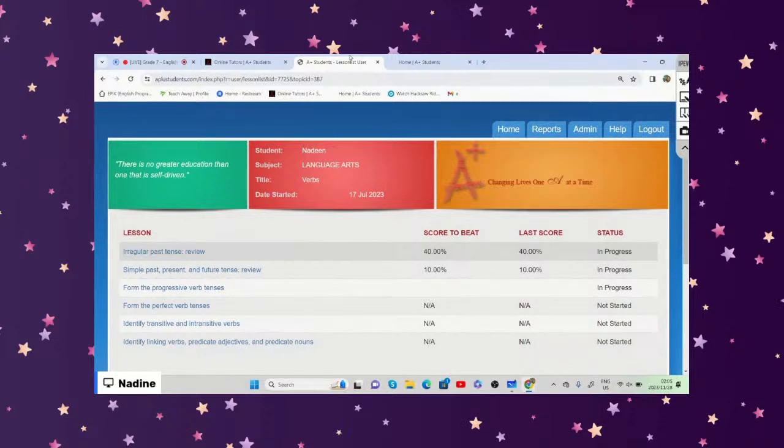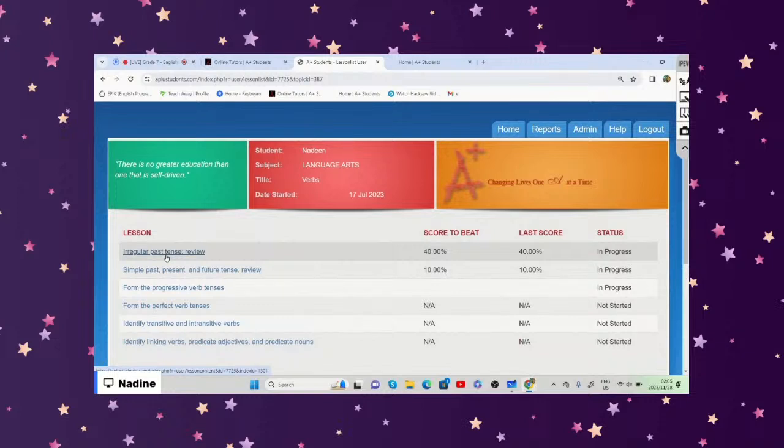This lesson, we focus on the irregular past tense. With the irregular past tense there is no rule that you follow, like adding ed or d. With regular past tense we add an ed to show the verb in the past tense.